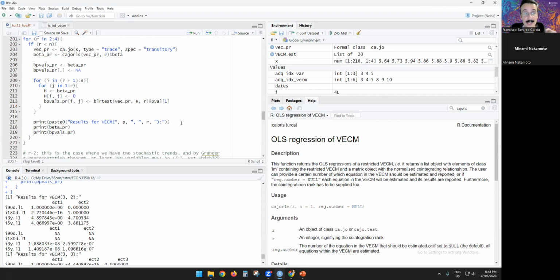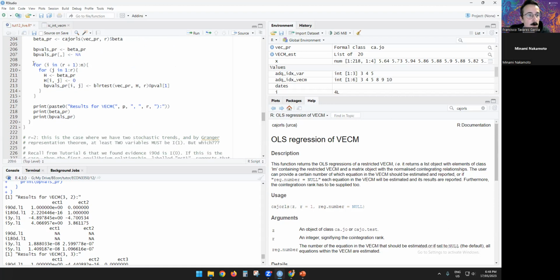You don't need to mess with any of the rest there. So beta PR, I will be saving its values, and then this one is receiving a matrix. Then for i in the number of restrictions plus 1 until the number of variables, we will be doing this calculus here.